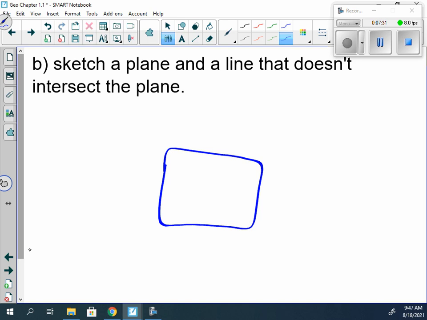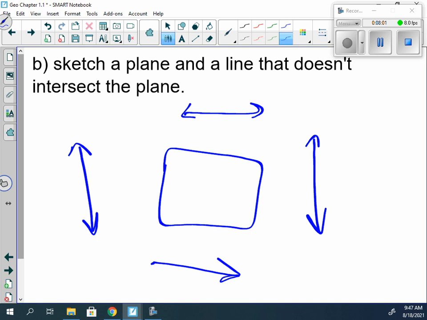So if it's in the plane, it's sharing points. So where's some place that would not be part of the plane? Like this? Do they intersect? How about up here? Or we can have it over here. Or down here. We don't need all of them, because any one of those 4 does not intersect the plane.